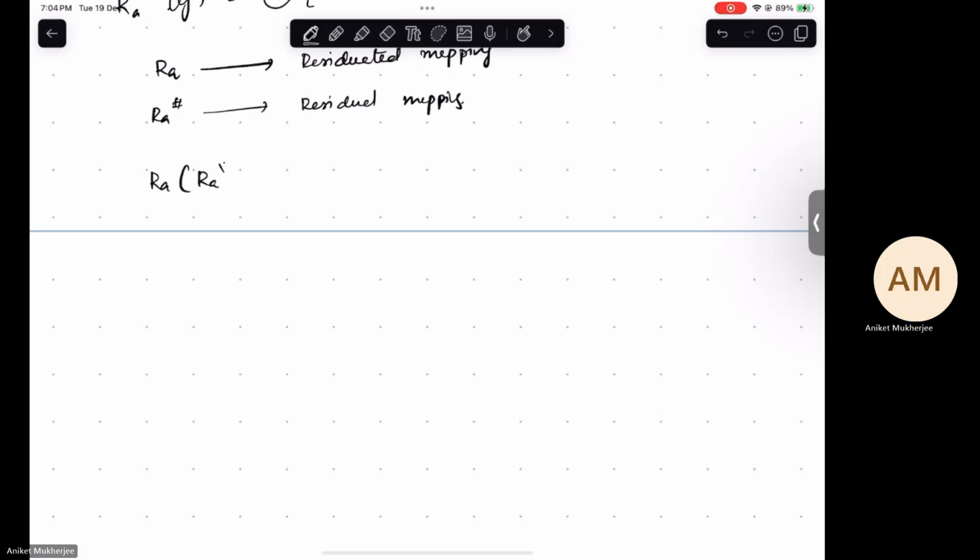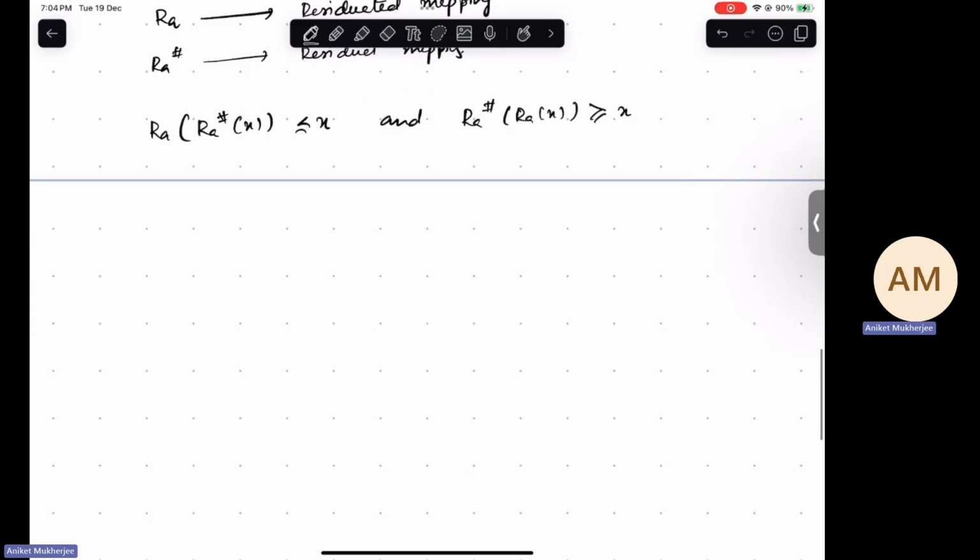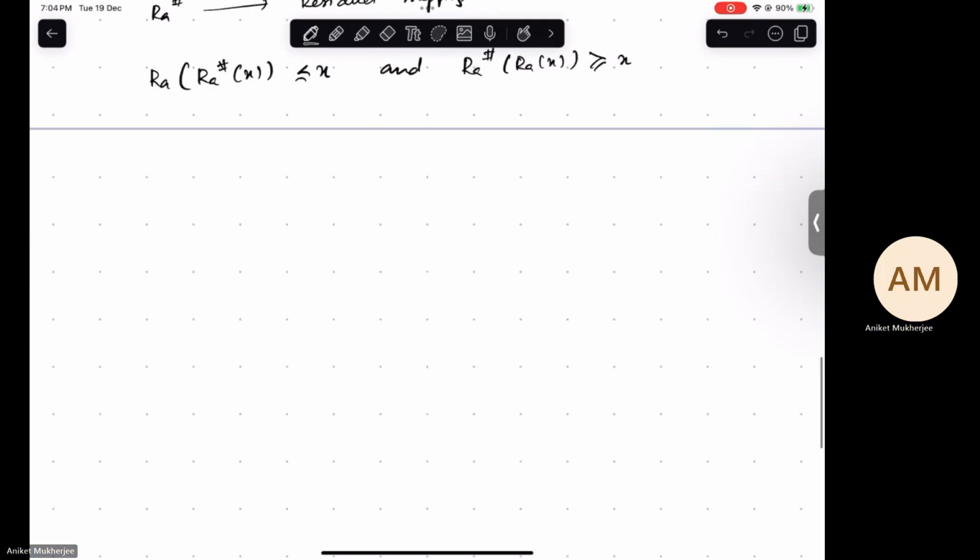R_A of R_A hash x is less than or equal to x, and R_A hash of R_A x is greater than or equal to x. These are all in the dioid order.